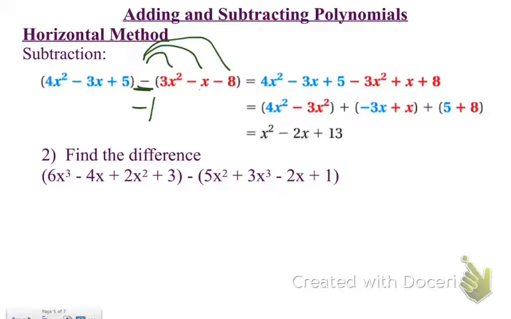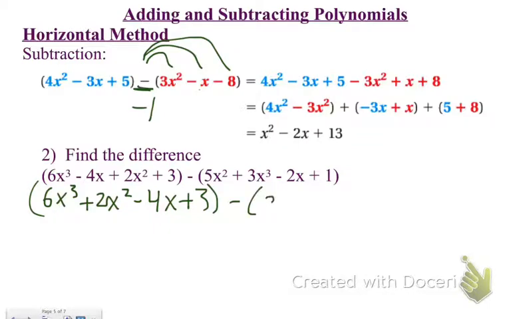So if we try the next one, first thing again, notice they're not all the way simplified because they're not in order from greatest to least. So first we need to reorder, so we end up with 6x cubed plus 2x squared minus 4x plus 3 minus 3x cubed plus 5x squared minus 2x plus 1.